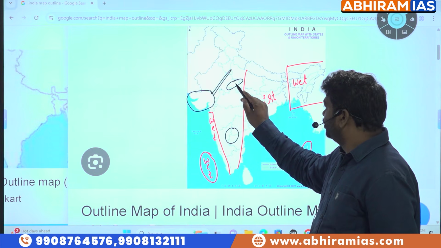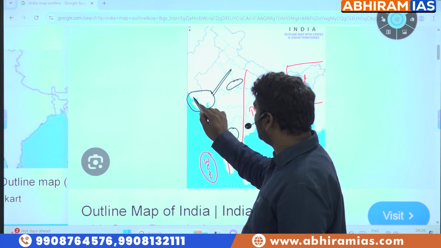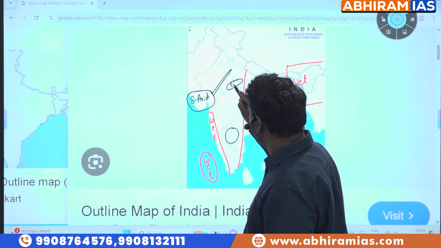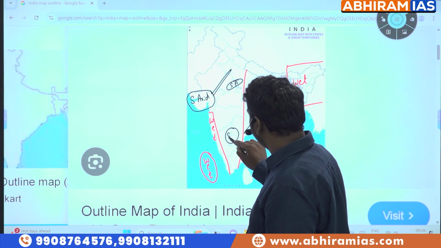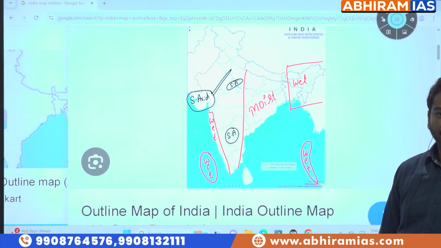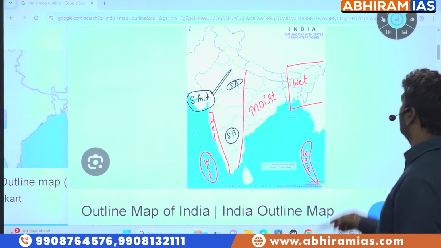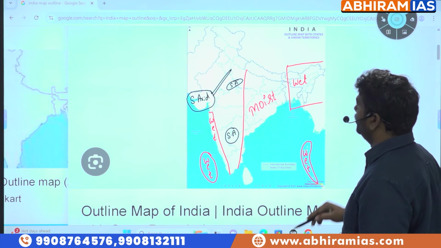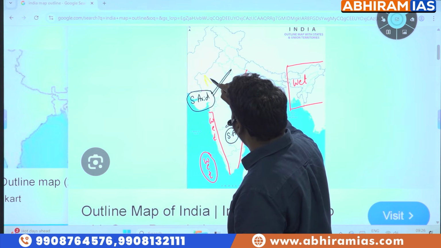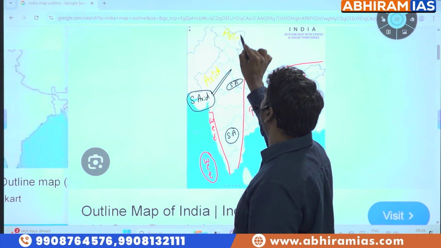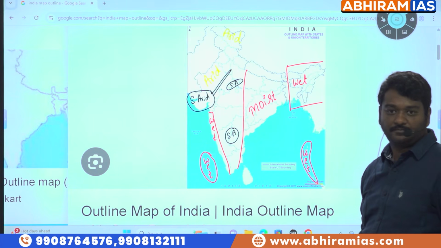Gujarat, Bundelkhand, parts of Andhra, Karnataka, Telangana. We call it semi-arid region. Now, Rajasthan and Ladakh come under arid region.